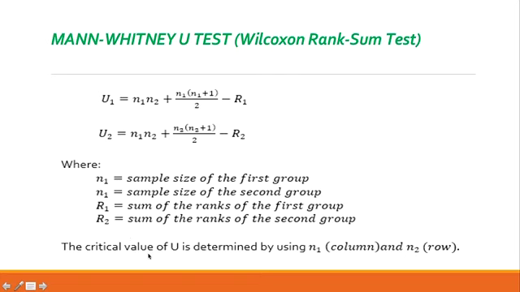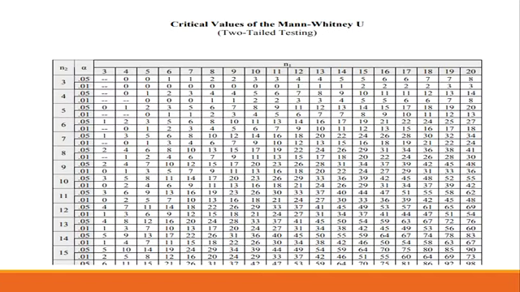And then the tabular value is determined by using only n sub 1 and n sub 2, and the Mann-Whitney U test will have its own critical value. This is for two-tailed testing.